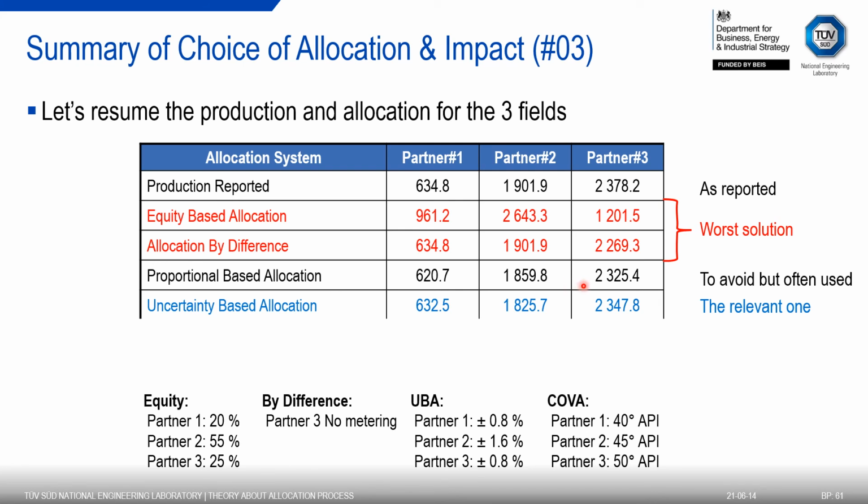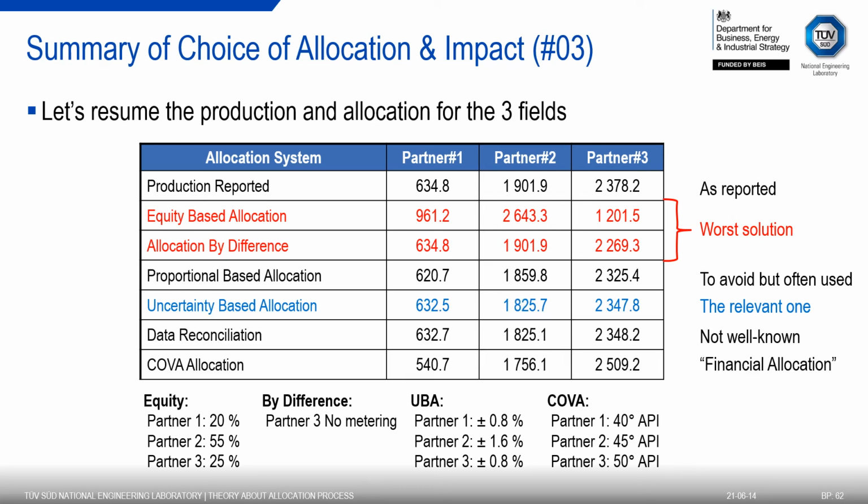And you can see exactly the same thing for the other one. Okay, remember, for the UBA, I give you here the uncertainty for each partner, and obviously you can see that partner 2 gets a bit more of a hit on his production than the other one, because his uncertainty is twice the other one, and therefore his value in terms of correction is much lower than the other one.